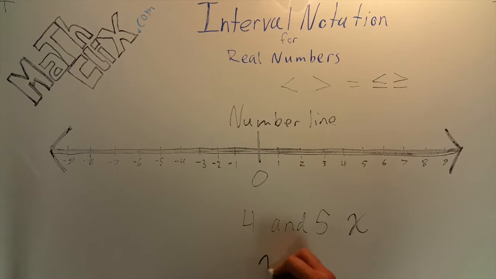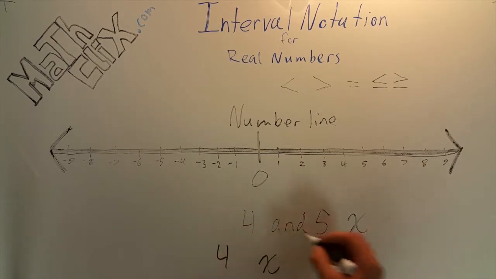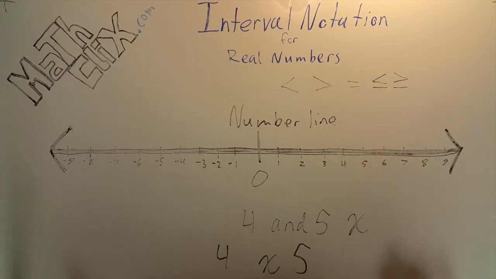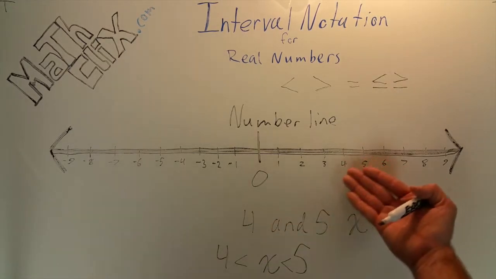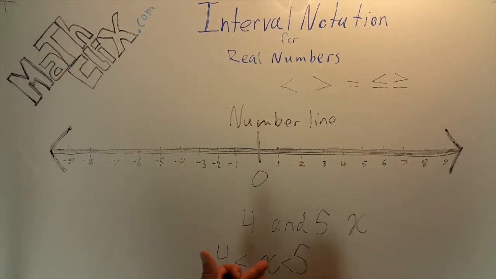So we would put the x in between the 4 and the 5. Well, if we didn't want to include the 4 and the 5, we would have the less than and the less than symbol. So x going in this direction is greater than 4 and less than 5. But how do we write that down on this number line? That seems to be a whole lot.